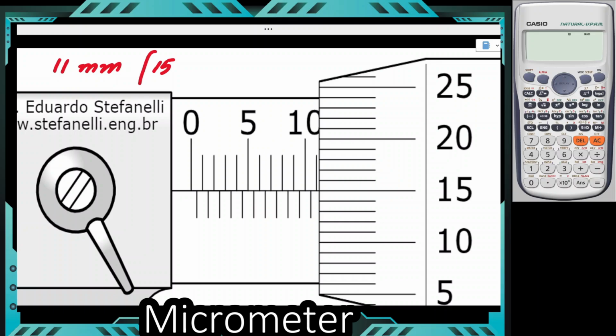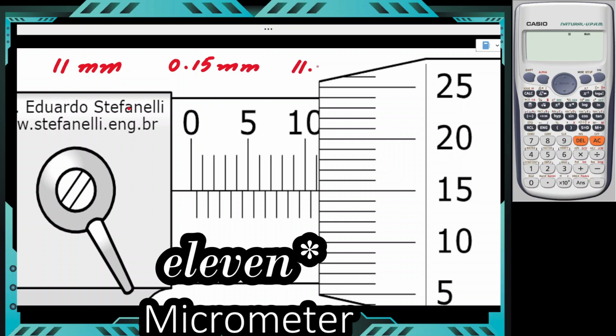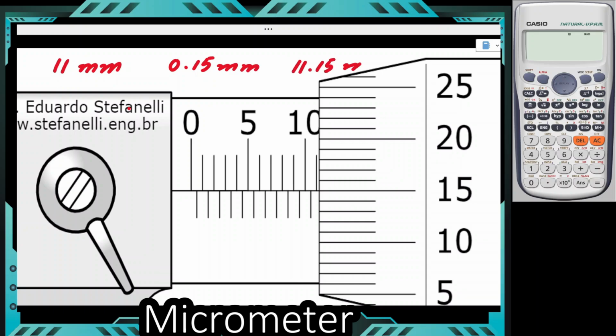So it was line number 15, and once multiplied by the least count of the micrometer, which was 0.01, you get 0.15 millimeters. So what's the final reading? 15.15 millimeters. Or in centimeters, it would be 1.515 centimeters.